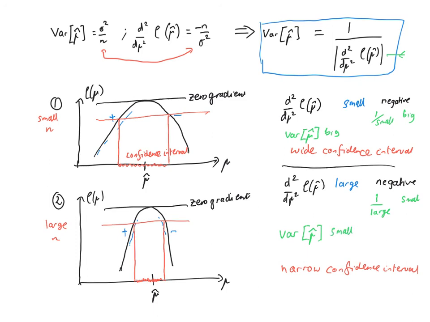So the maximum likelihood estimate is essentially reliable, and that's linked very nicely to the idea of having a narrow confidence interval. This extra material was to try to link in some intuitive way these ideas of maximum likelihood estimation, variance and the log likelihood function with the idea of confidence intervals.